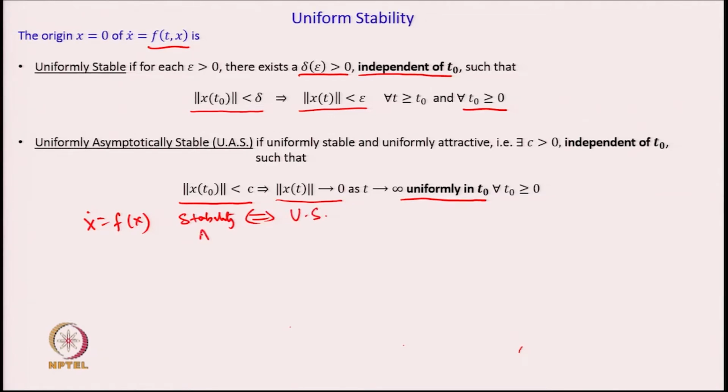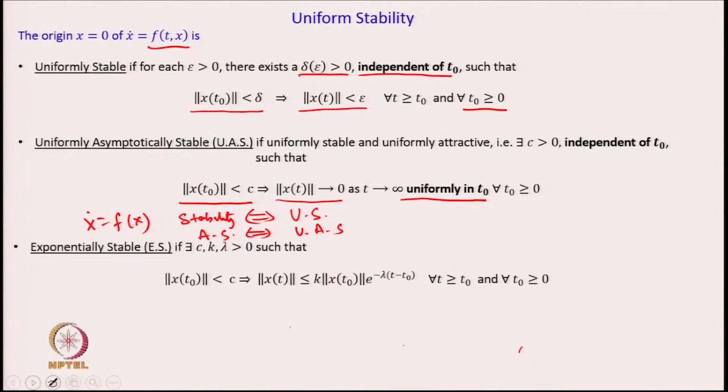Similarly, asymptotic stability and uniform asymptotic stability are the same notions, because here the solutions x of t of these systems are not explicitly dependent on the initial time t naught, and so the stability behavior is anyways independent of the initial time t naught. So, both these notions are equivalent in the case of autonomous systems.